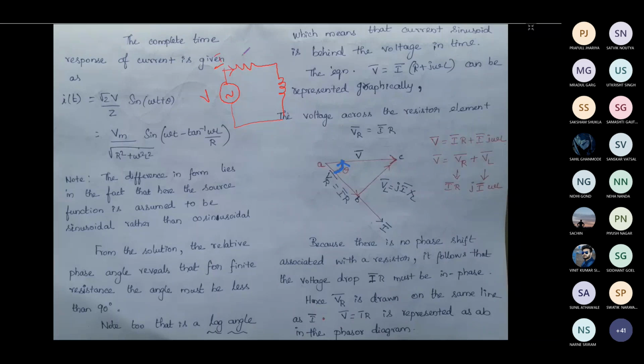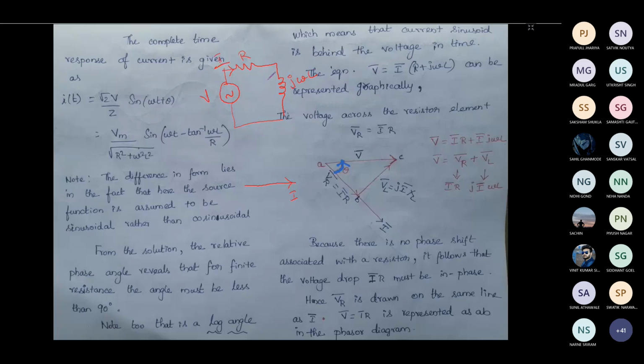That is I. This is R, and this is J omega L. The same current is flowing here. So whichever is the same here, for the series circuit, current is same, so you take current as reference. If it is a parallel circuit, you take voltage as a reference because voltage is same for all the elements. So here I am taking current as reference, I as reference.